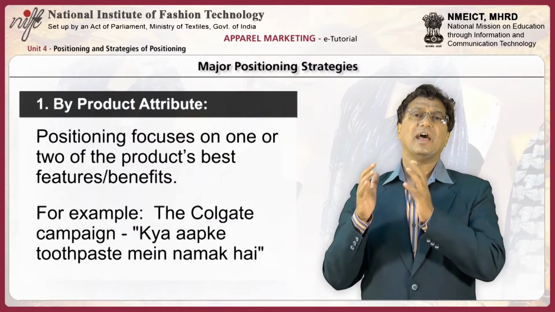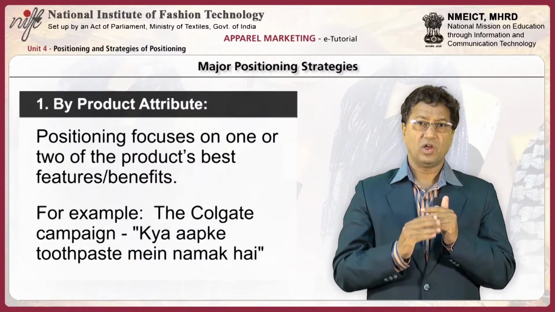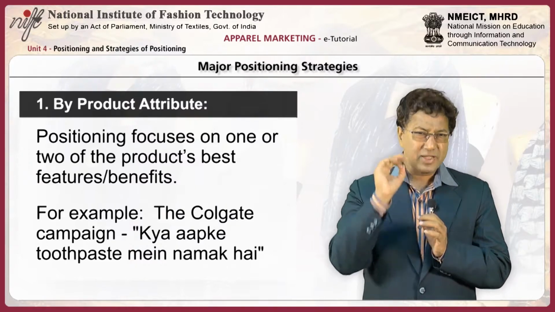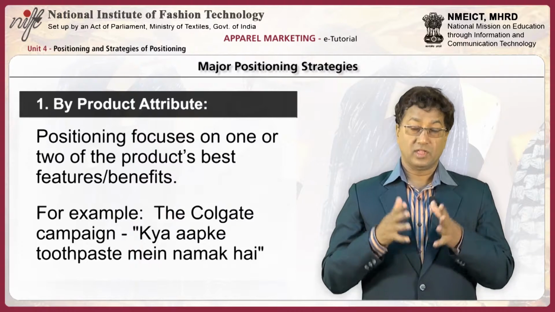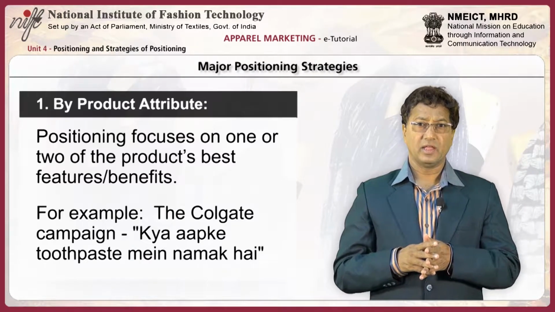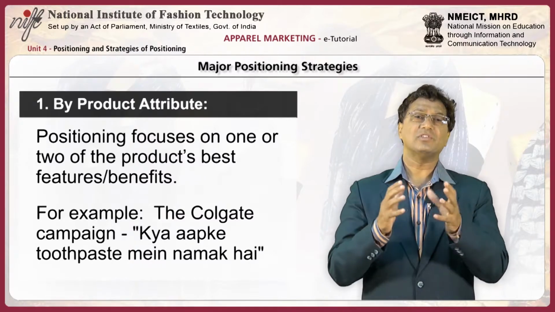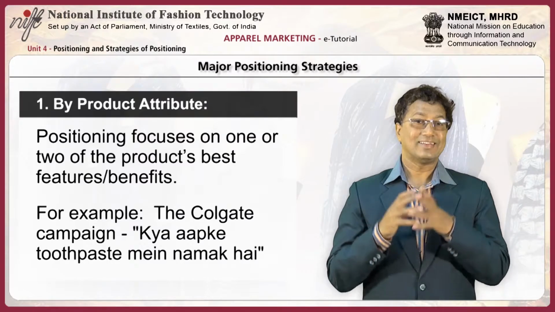By product attribute, positioning focuses on one or two of the product's best features and benefits. For example, the Colgate campaign, "Kya aapke toothpaste mein namak hai?" It focuses on whether your toothpaste has namak in it.